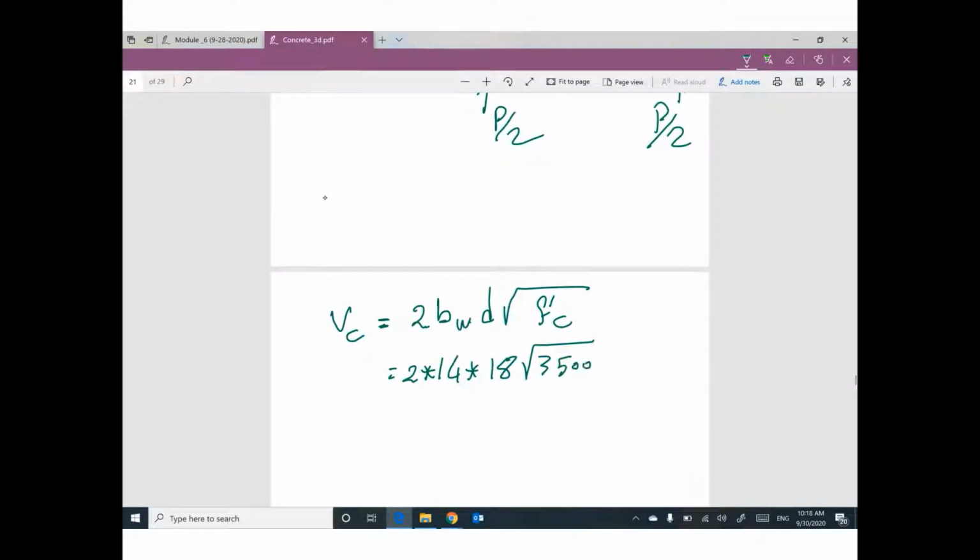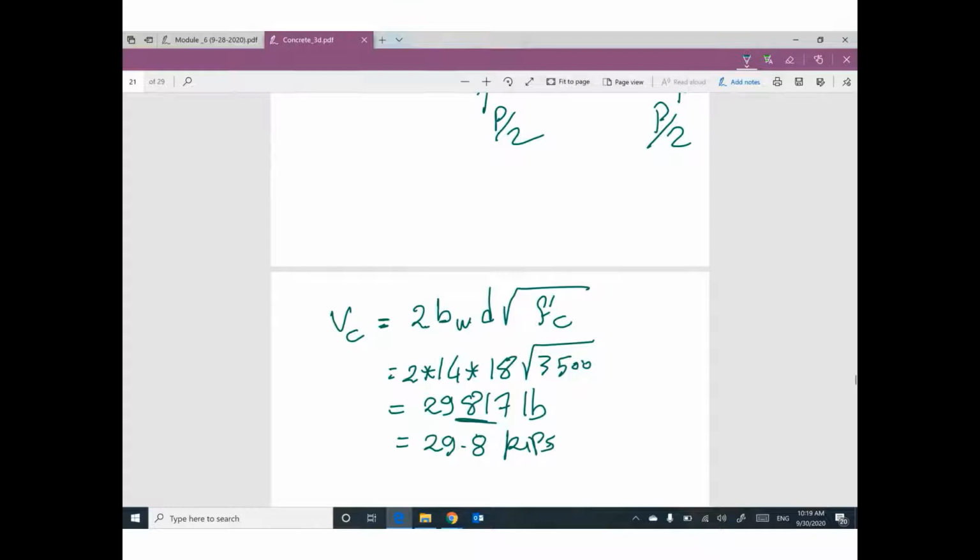So I can figure out the value of Vc: 2 times 14 times 18 times square root of 3,500. So your final answer will be 29,817 pounds. We don't like this large number, so I convert it to kips. It will be 29.8 kips.